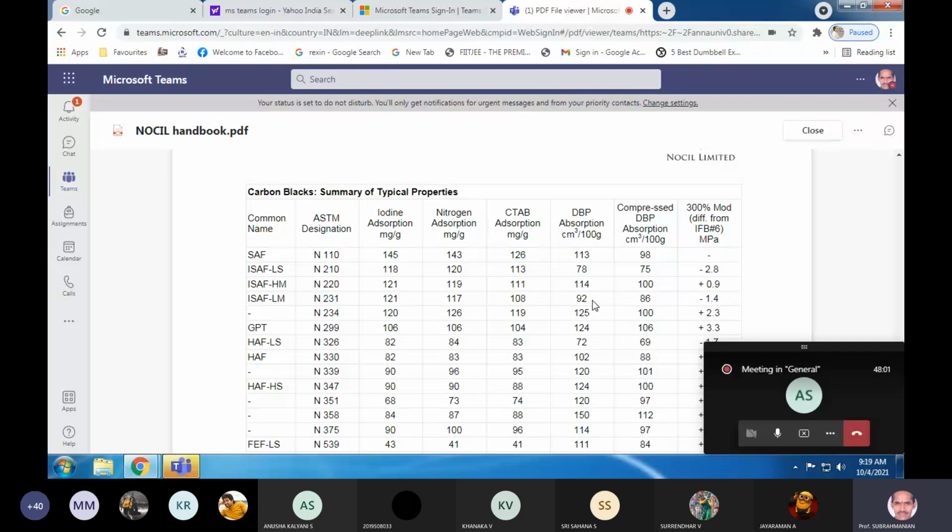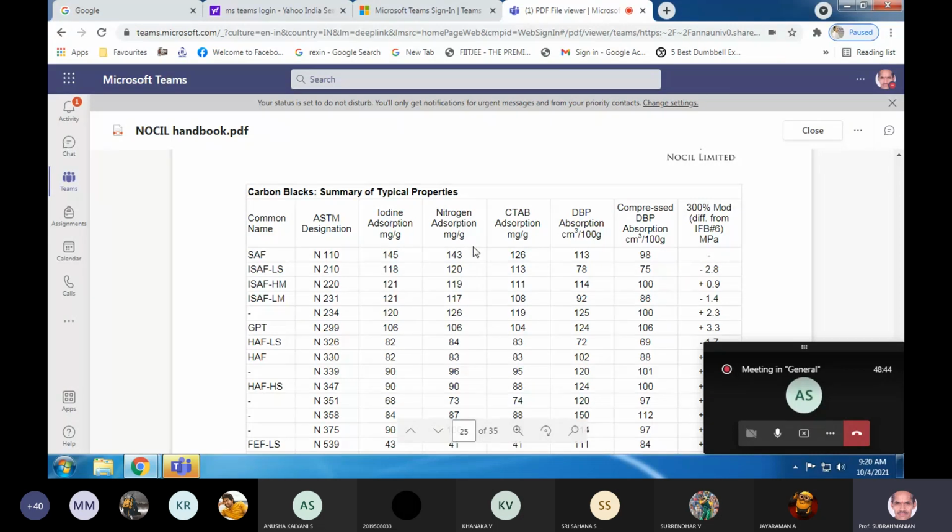So the difference between CDBP, the compressed DBP, and DBP tells you how much secondary structure is present. If the difference between CDBP and DBP is smaller, the better the filler influence and the carbon black manufacture. You also have CTAB, cetyl trimethyl ammonium bromide.